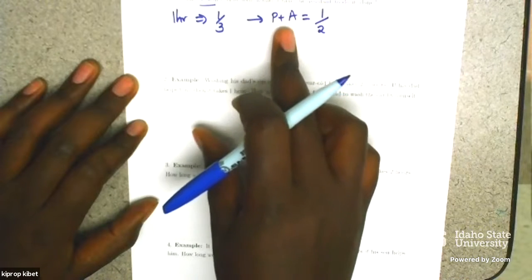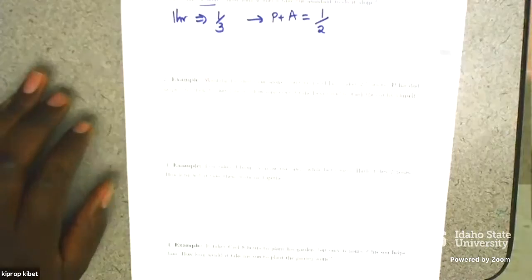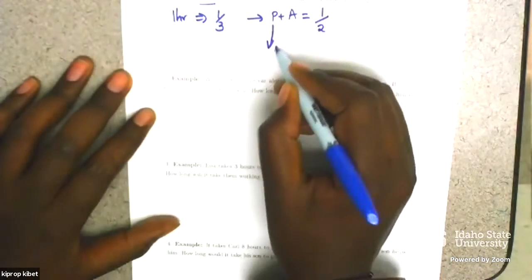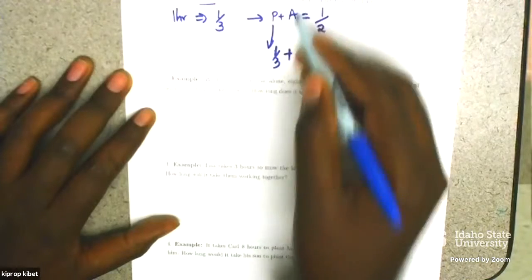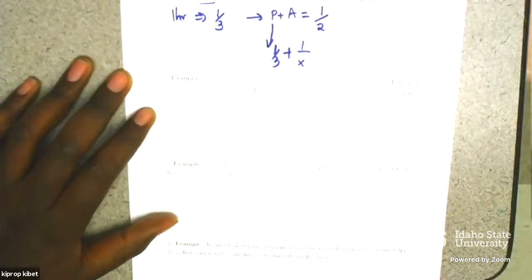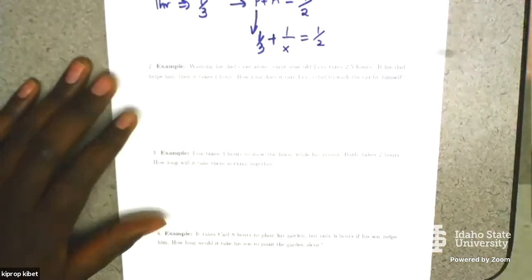So how much of the job will the assistant do in 1 hour? For Paul, it is 1/3 in 1 hour. Plus, we can say the assistant takes x hours, so 1/x. Equals what? 1/2, if both of them do it.